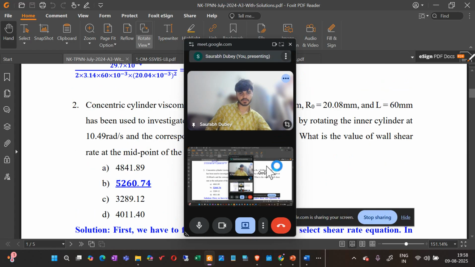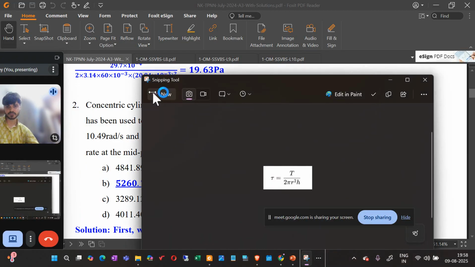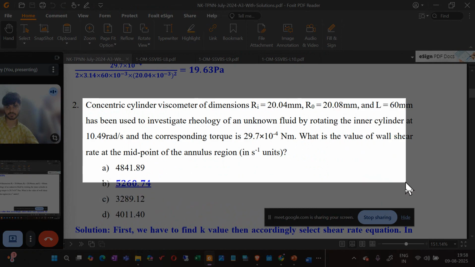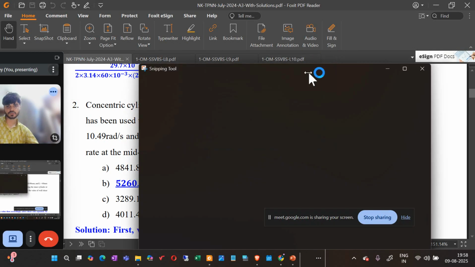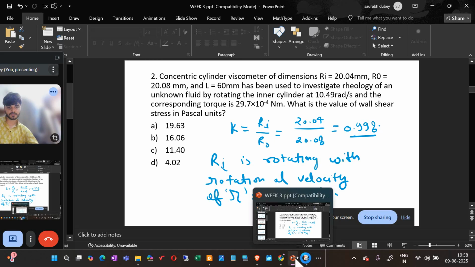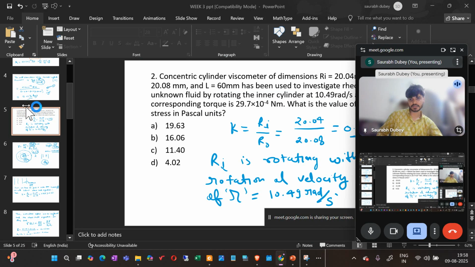This is that second question, right? I can just keep it there because this question you have to rectify. So this was the question. Second question is entirely rectified.